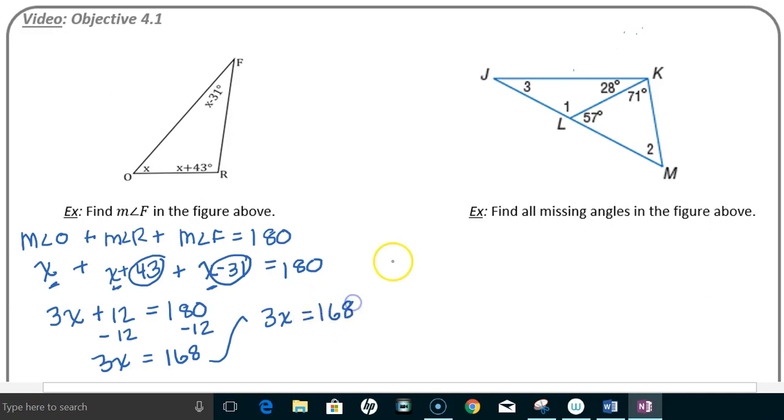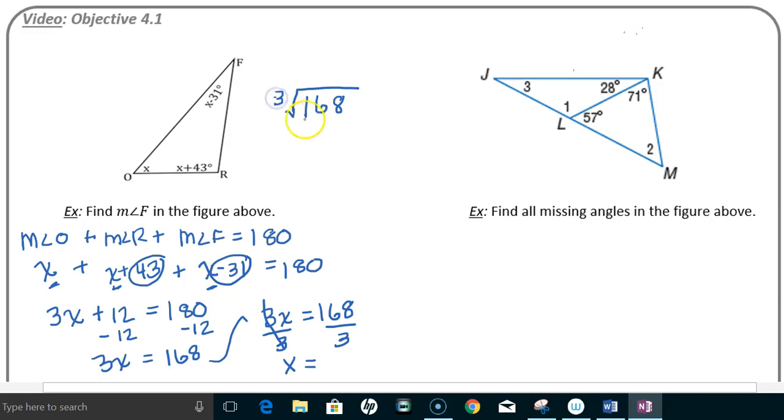So if we have 3x equals 168, we'll divide both sides by 3. 3 over 3 reduces to 1, so we have 1x equals. I'm going to show the long division up here. If I'm trying to divide 3 into 168, a little quick mini lesson on long division.